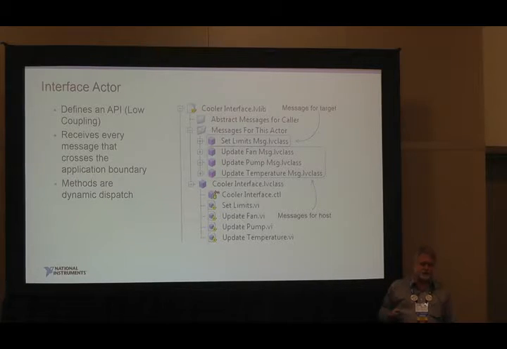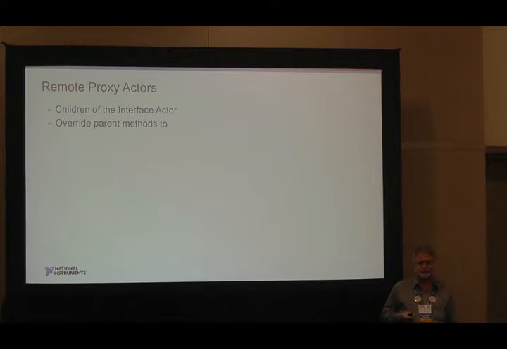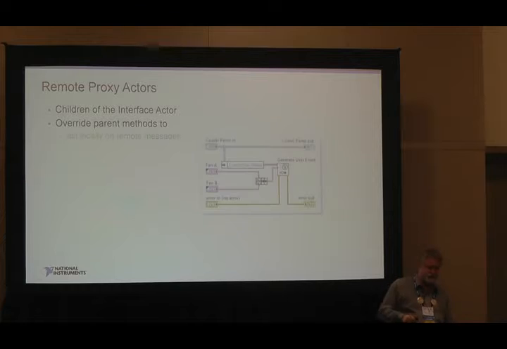Then we take that interface class and we make children of it. We make one child on each target. The children override parent methods of the interface to either, oh, I've received this remote message, I need to act on it locally. So I'm going to invoke some local code to update the UI, or I'm going to forward this on to something else that will use the data.